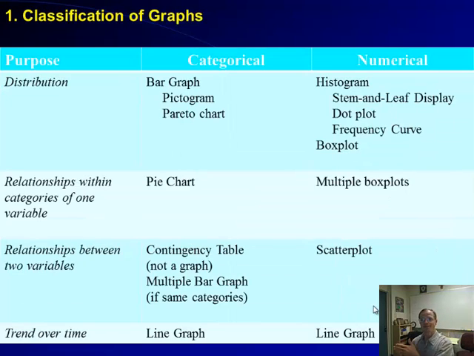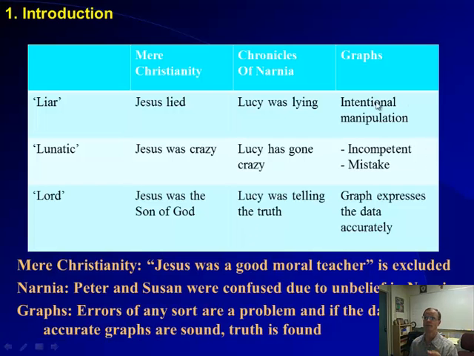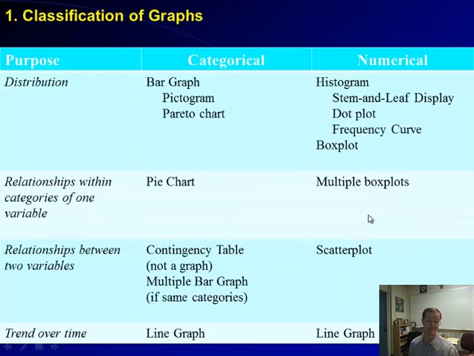Okay, I want to classify all graphs into simply 4 categories. This also should be in your notes. If you can grasp this, it will be very useful for determining some of these previous things here. Intentional manipulation, is it just a mistake, or do I really have something to learn there? So, first purpose is to show the distribution of the data.